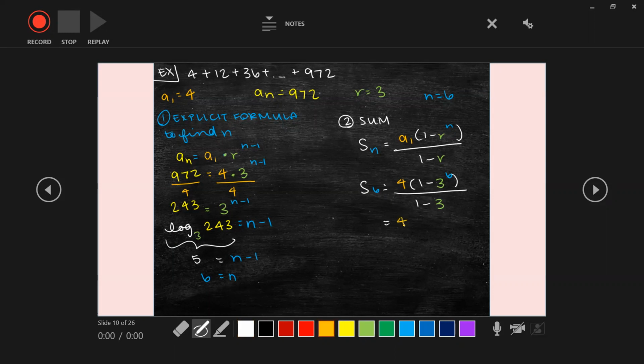So I'm going to have 4 times, what is 3 to the 6th power? It is 729. All over negative 2.